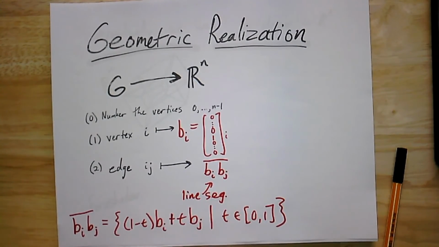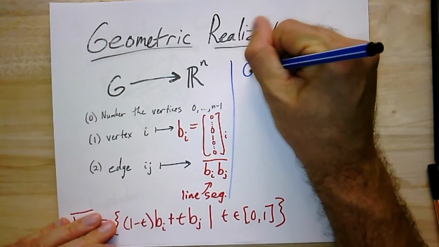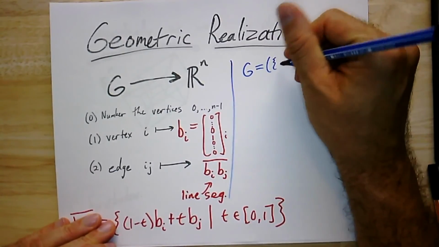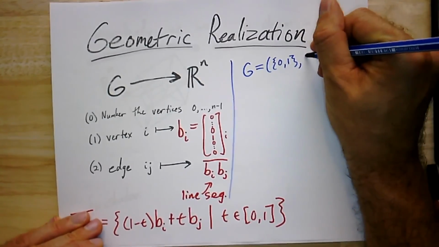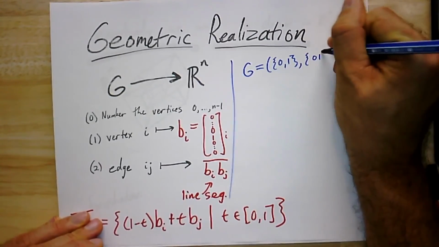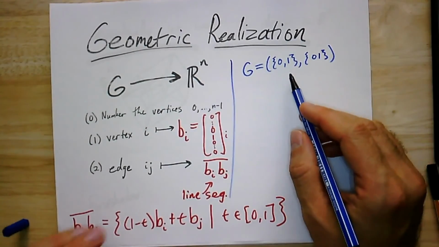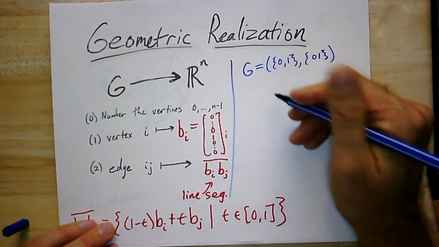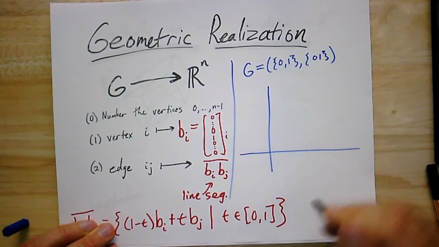We'll draw a very explicit example right now for a very simple graph. Let's do it for a graph that just has two vertices. I'll number them right from the start. It has two vertices and just one edge, the edge 0, 1. That's it. So I'm going to end up drawing this in R^2, which is the plane, which is good because it's much easier to draw in the plane than in higher-dimensional spaces.